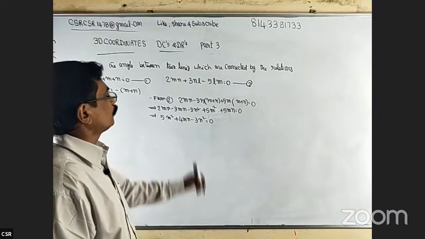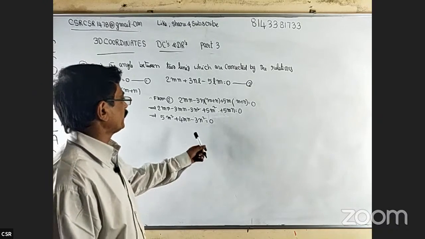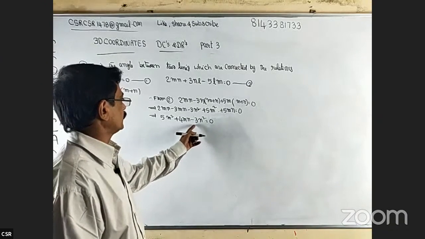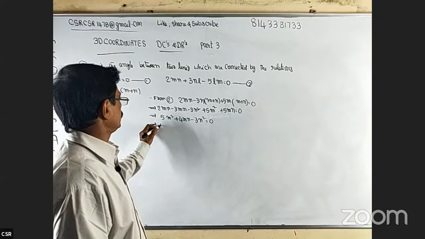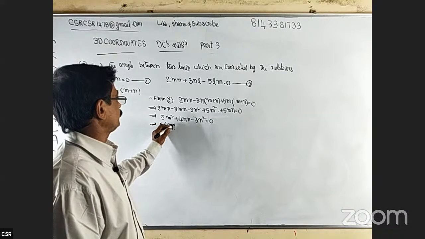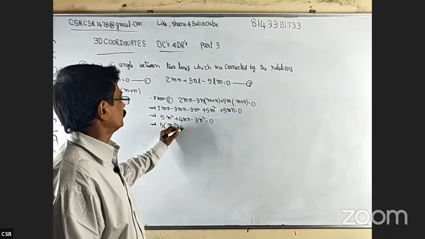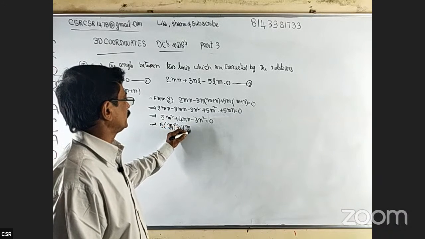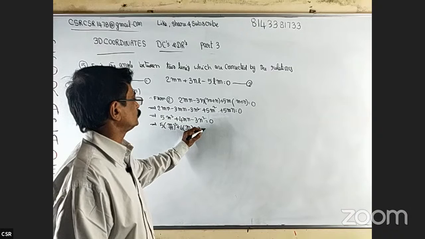For this, there are no factors. Please observe, no factors. That's why dividing with n square, 5 into (m by n) whole square plus 4 into (m by n) minus 3 is equal to 0.